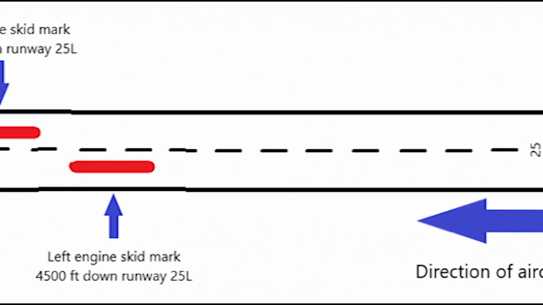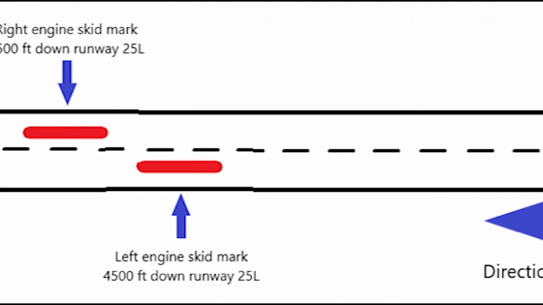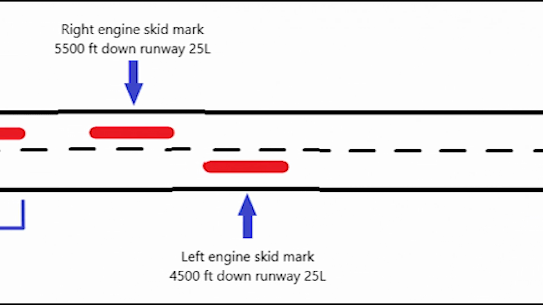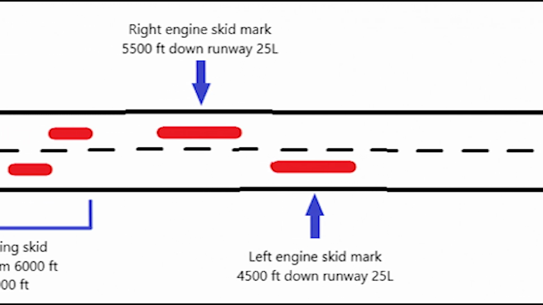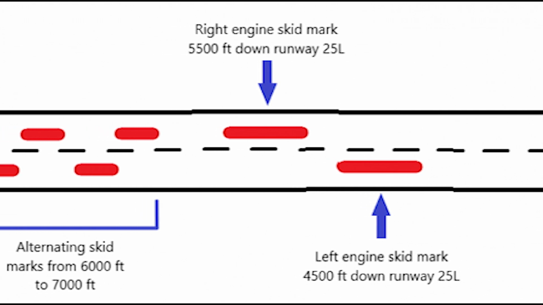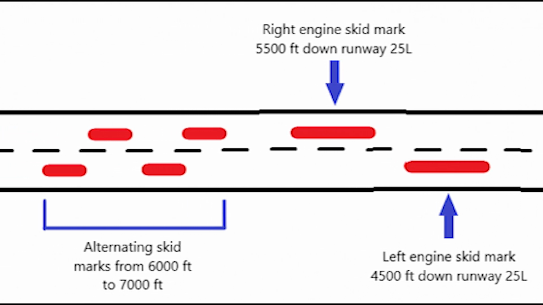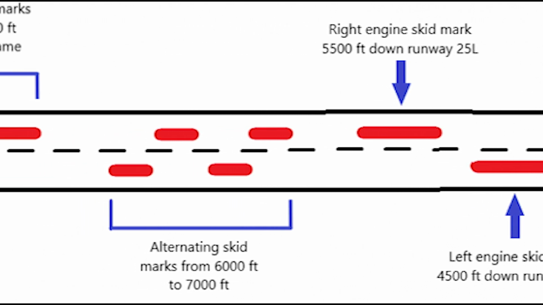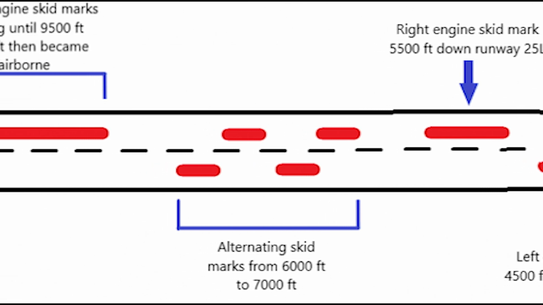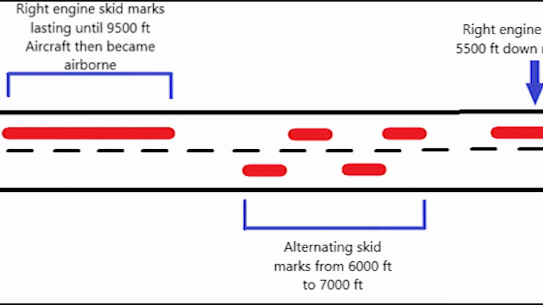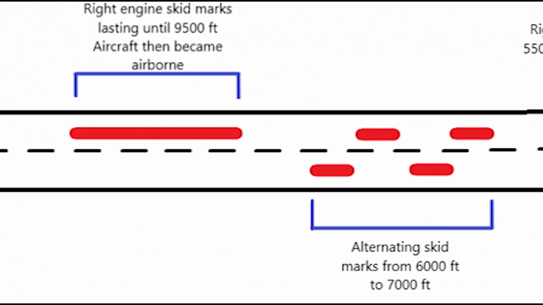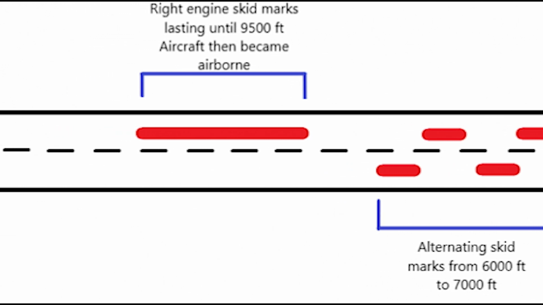But the engines were scraped on the runway, as you can see by the red marks, at 4500, 5500, and then from 6000 to 7000 feet by both engines, and then at 9500 feet by the right engine. They damaged the aircraft.